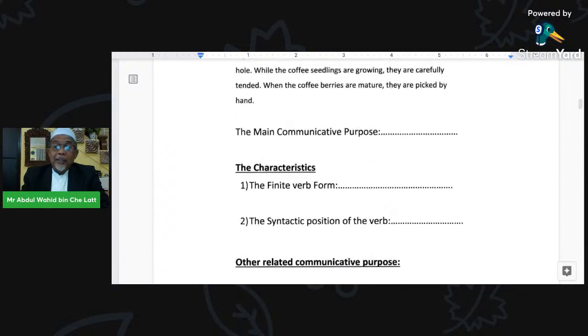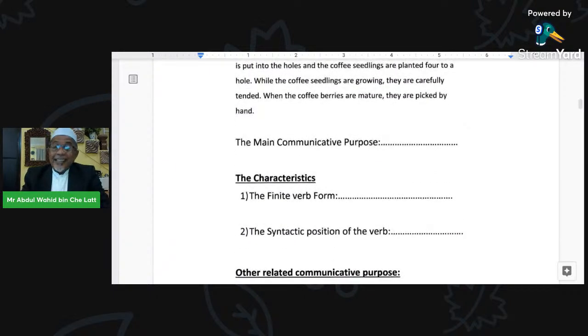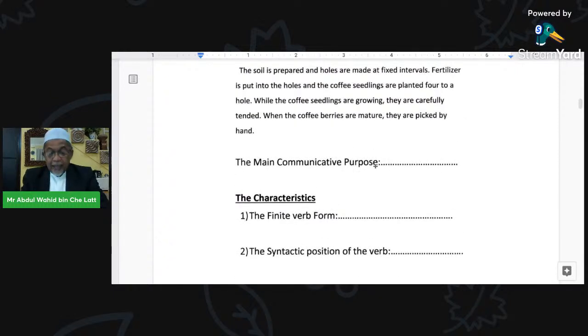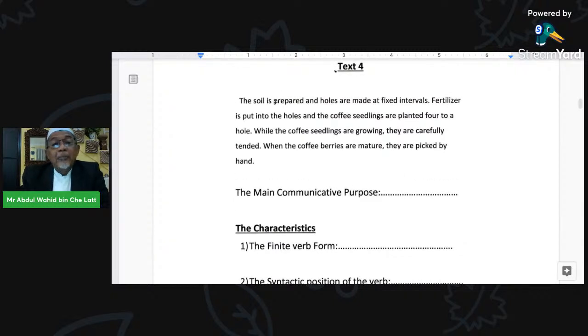This communicative purpose is indicated by the finite verb phrases is prepared and are made in line 1, is put and are planted in line 2, are tended in line 3, and are picked in line 4.